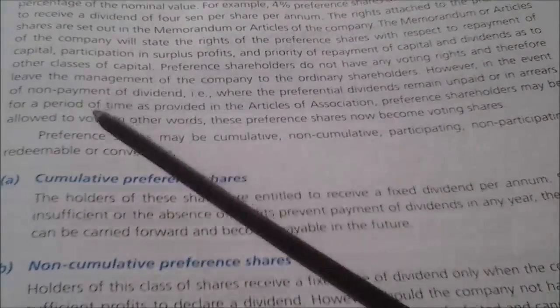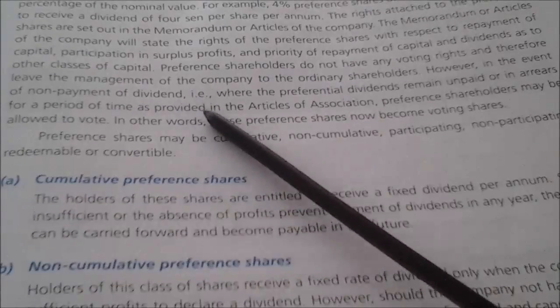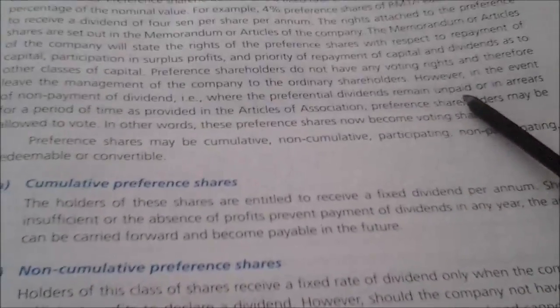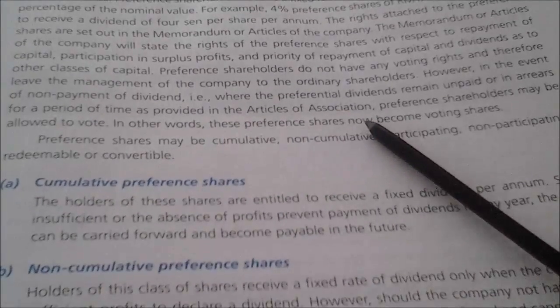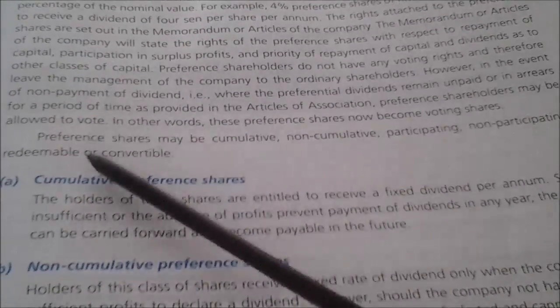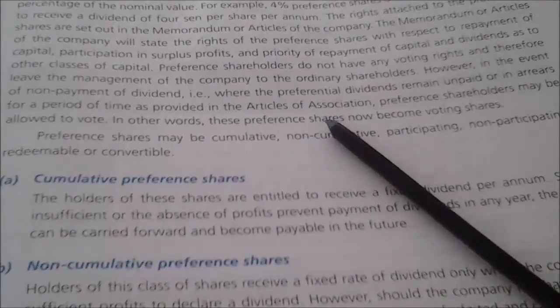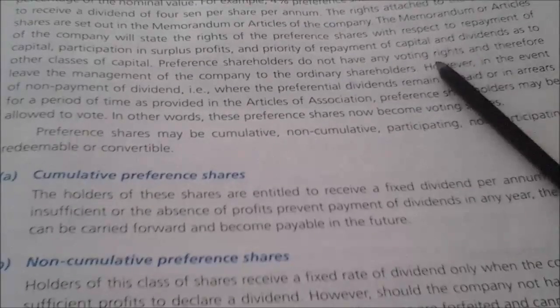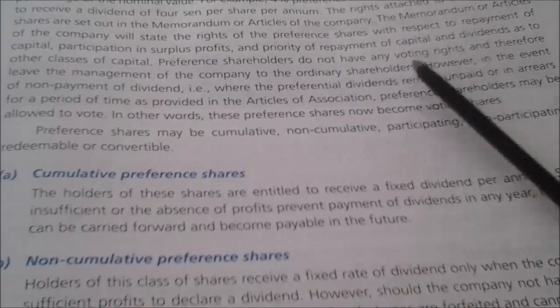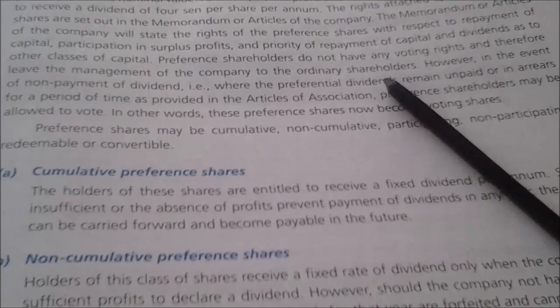However, in the event of non-payment of dividend, where the preferential dividends remain unpaid or in arrears for a period of time provided in the articles, preference shareholders may be allowed to vote. This depends on what is stated in the articles of association, but usually preference shares do not vote, only ordinary shares vote.